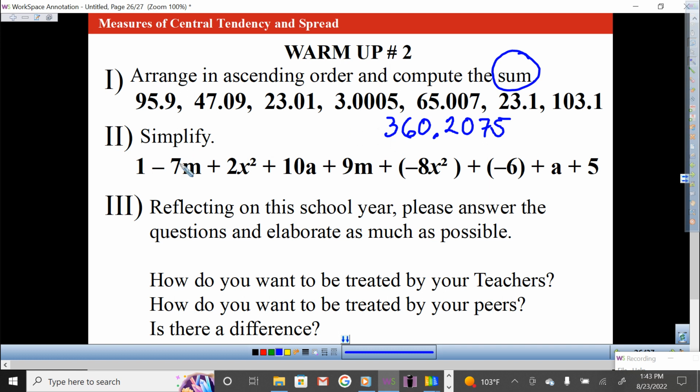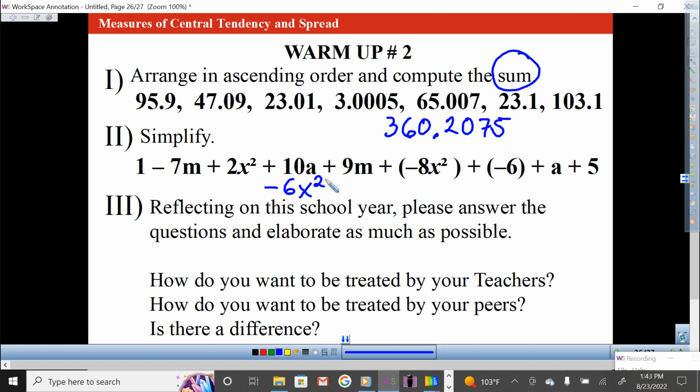All right, number 2, simplify. One more time, share with your neighbor, see what you got for that so I can call on someone. Simplify number 2. All right, Mel, pass to someone. Amy, what did you get for number 2?